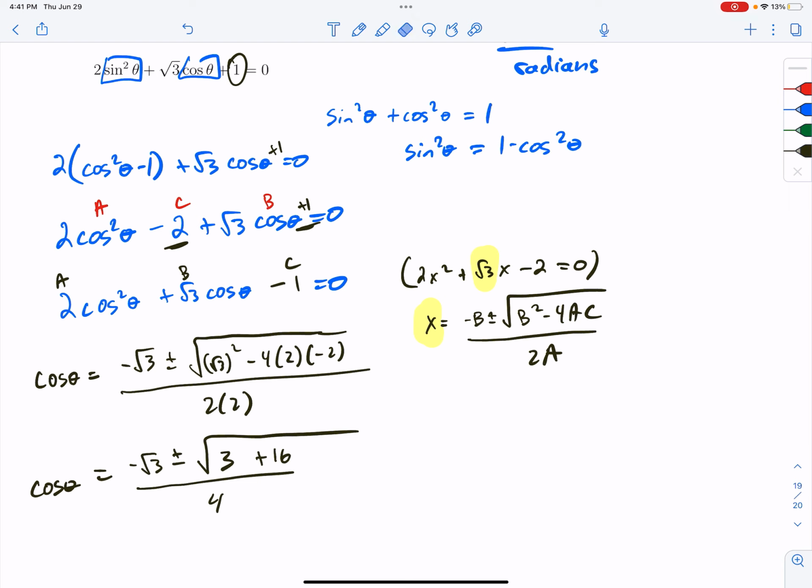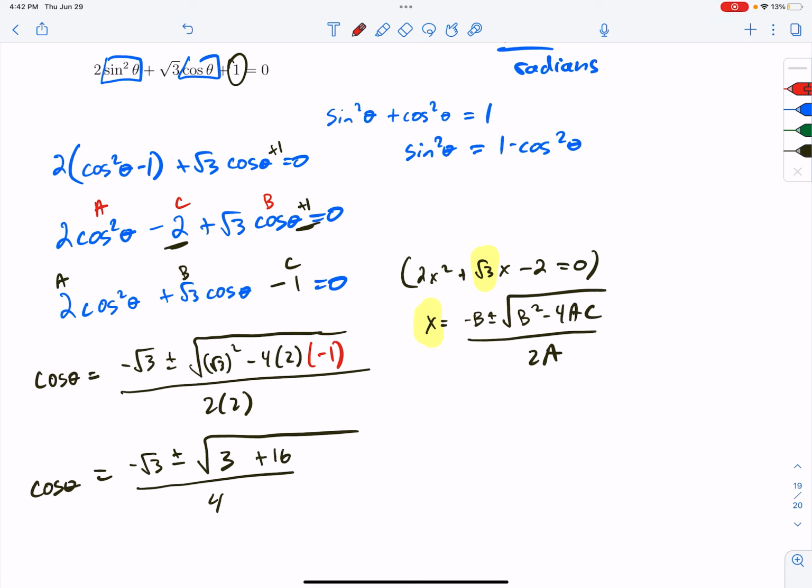negative b plus or minus b squared minus 4a. So I don't want a negative 2 in here. Let me do that in a different color. I want negative 1 right there. So does that change things? 4ac. Negative 8.